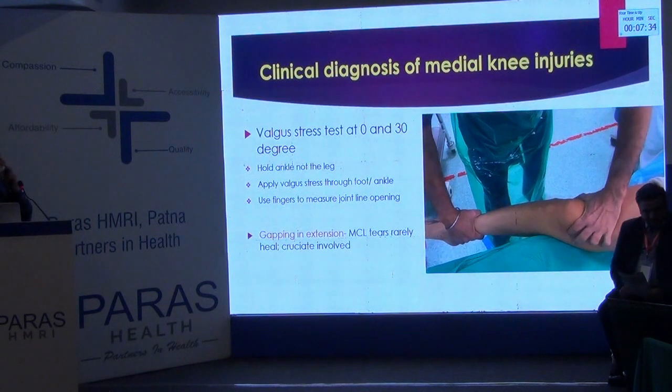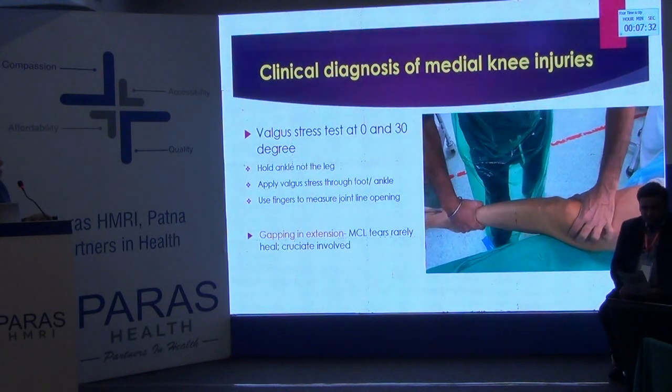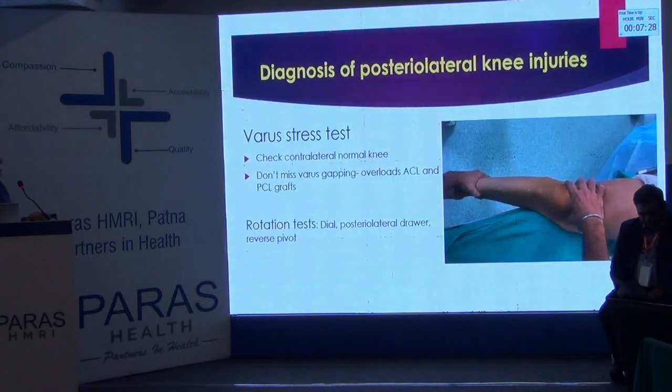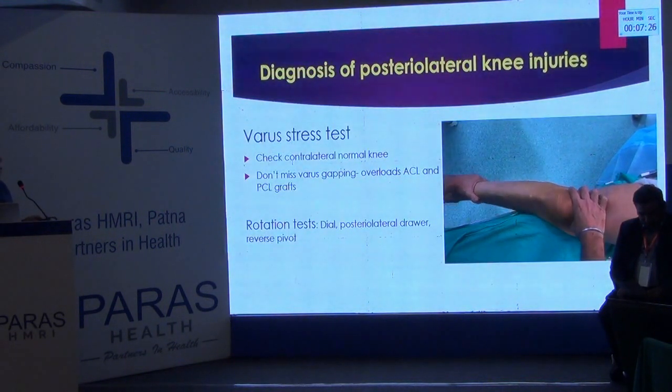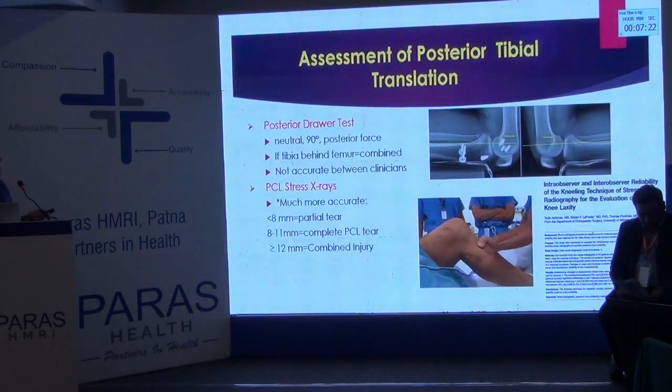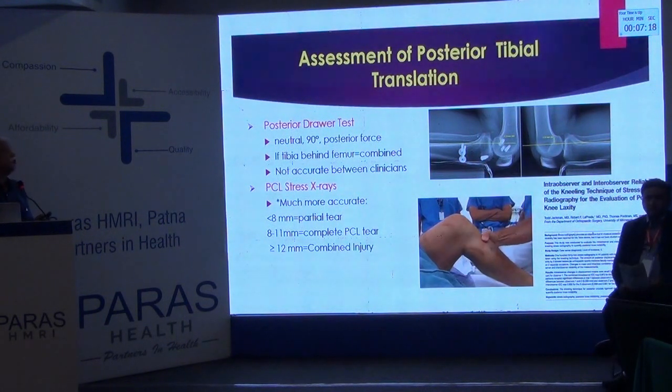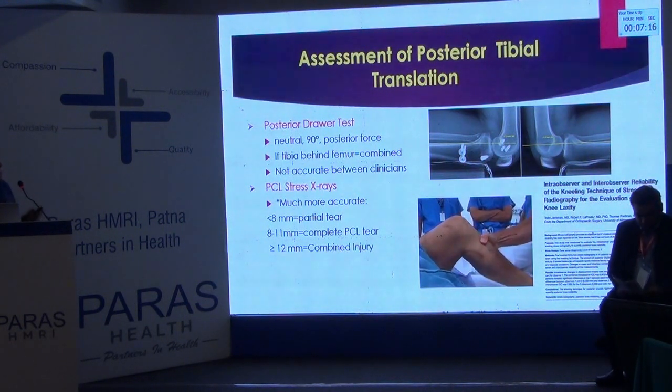Again, the medial-sided injuries are often missed, and one must do stress testing, the valgus testing, for the medial side, and the various tests for posterolateral corner knee injury. Many cases of ACL injury are associated with PCL injury, and if you fail to recognize this, it can result in a posteriorly subluxed knee and will disturb the biomechanics and kinematics of the knee.